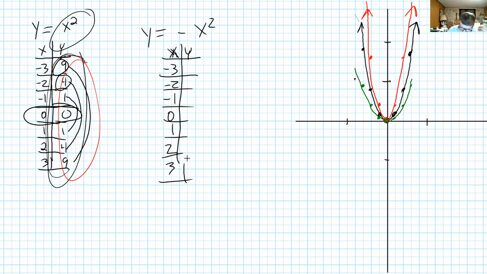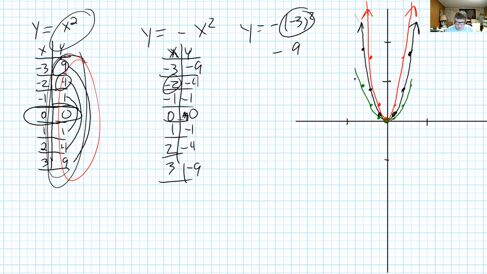Now, order of operations, y equals negative times -3 squared. What do you do first? You square, you do the exponent first. So this is going to be 9 with a negative sign in front of it. This is going to be 4 with a negative sign, and so on. Well, -0 is the same thing as 0, but I'm going to square it just like the beginning one, but then make it negative.